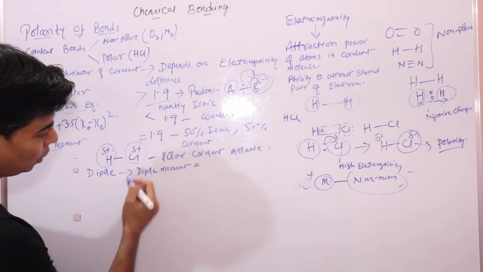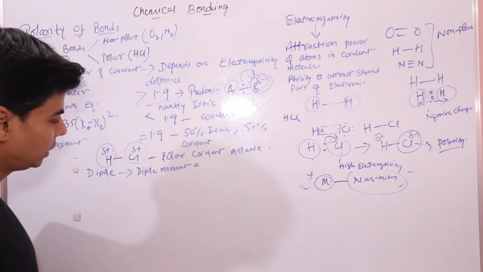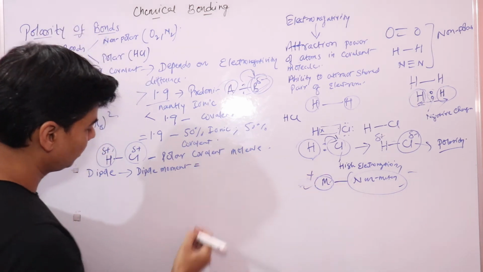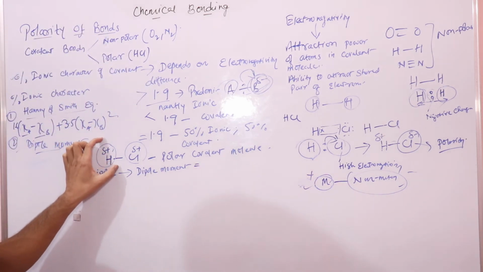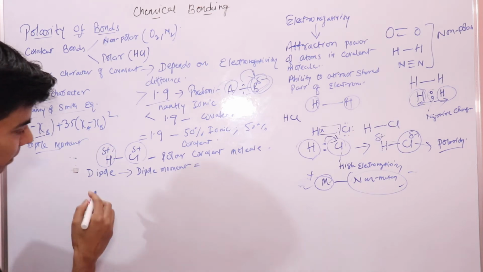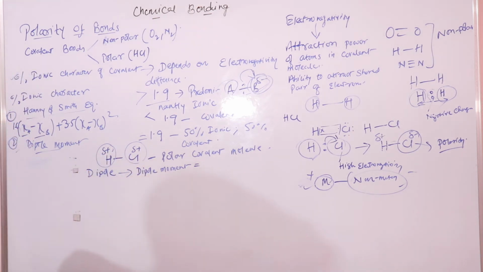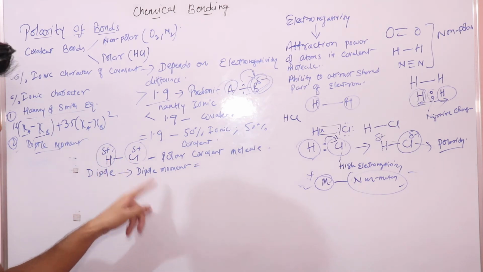So the dipole moment is calculated mathematically. The dipole moment is the product of the charge multiplied by the distance between these two atoms.